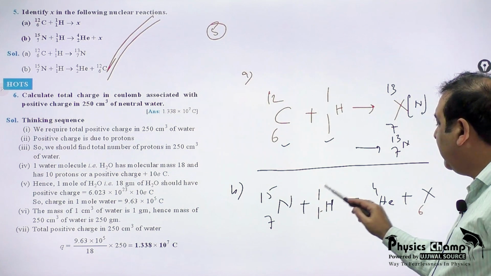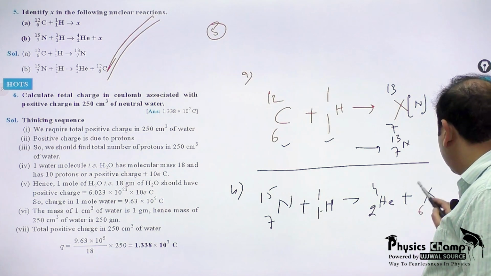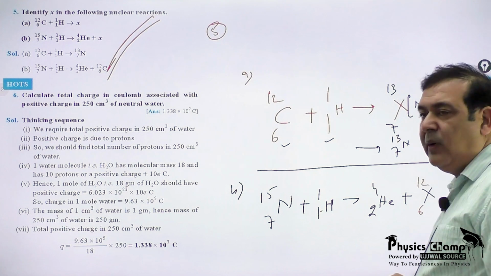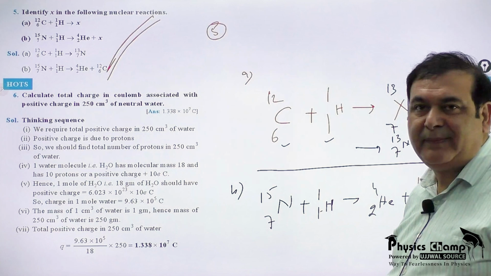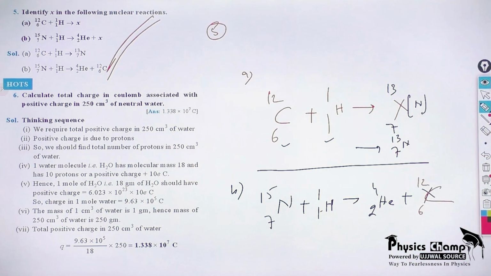Similarly 15 plus 1, 16 minus 4, so it is 12. So this X is actually carbon, 6C12. That's how we can complete our nuclear reaction.